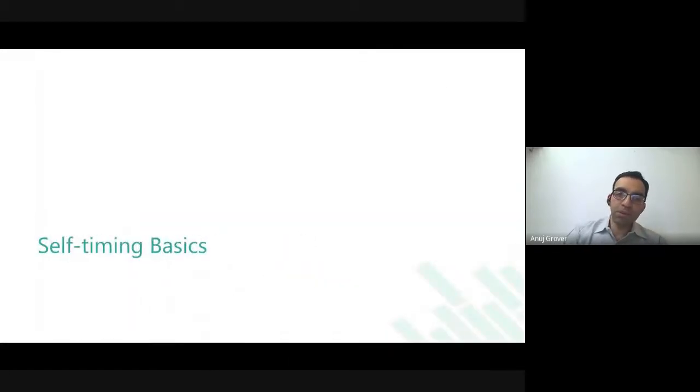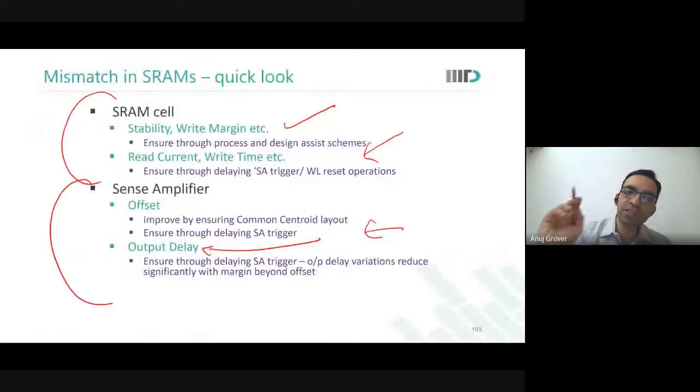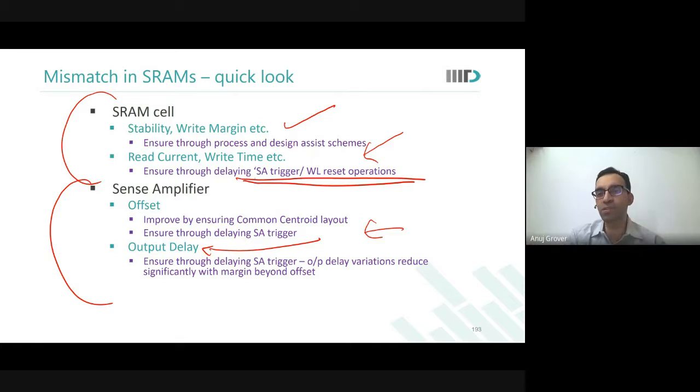Because there are variations in SRAM cells and in sense amplifiers, we need to ensure that the sense amplifier trigger or word line reset operations happen at the right time. You remember there is this enable signal that arrives when a sufficient offset has come on the sense amplifier inputs.